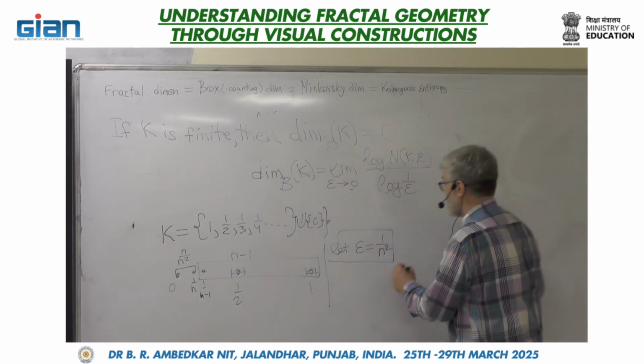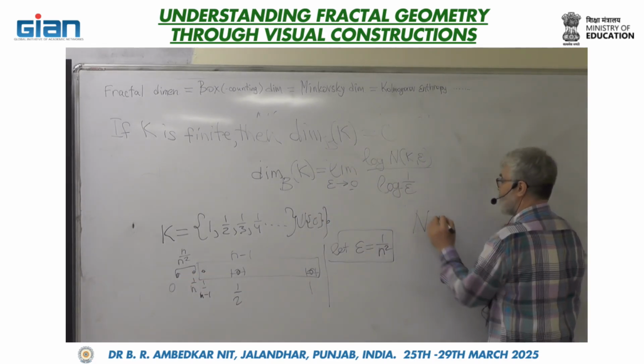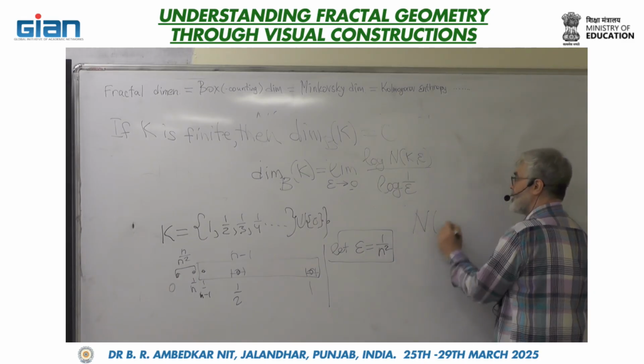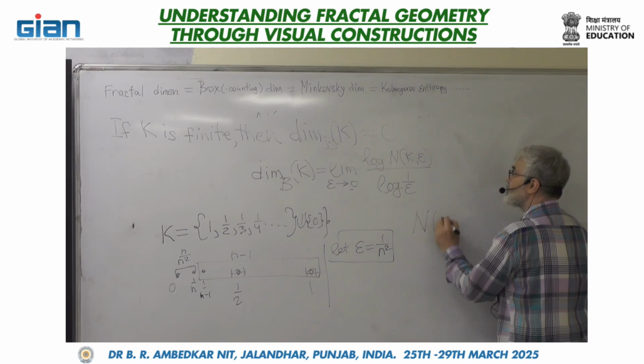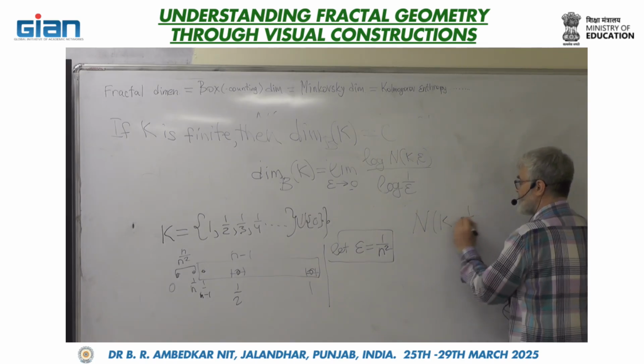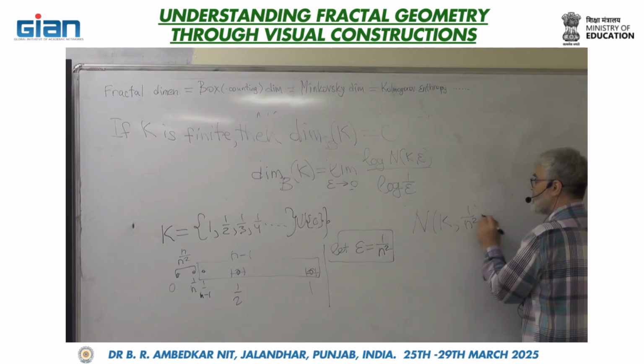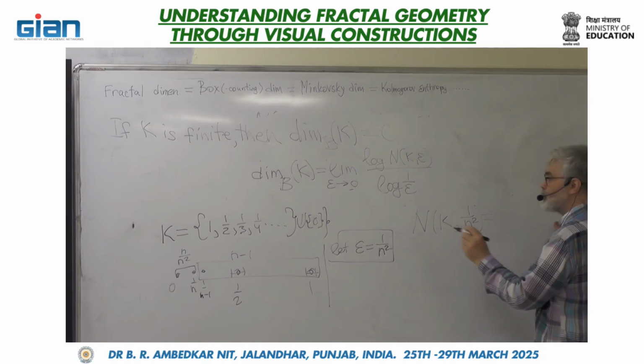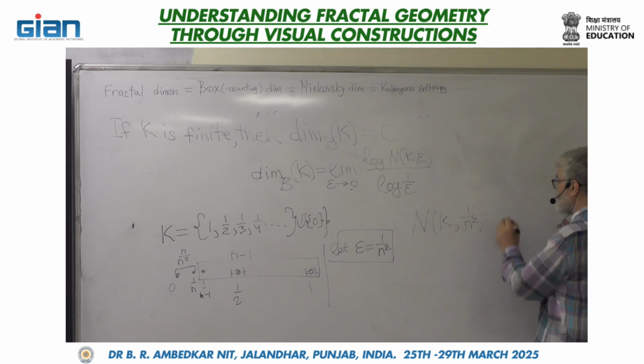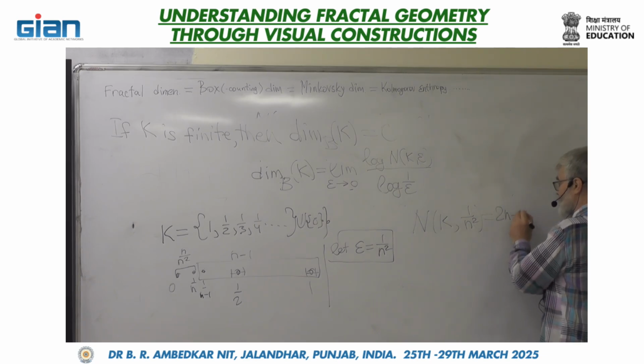So the number N of K at 1 divided by n squared is equal to 2n minus 1.